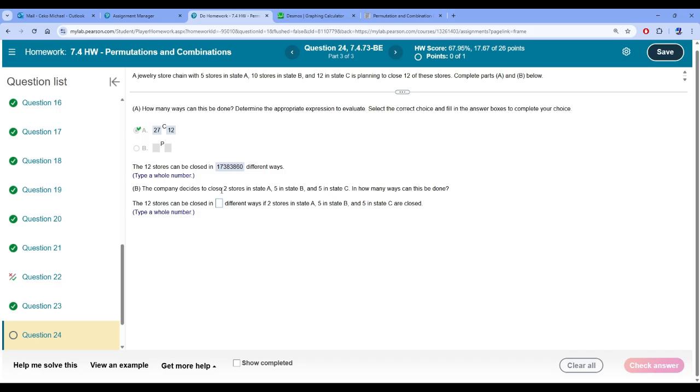The company decides to close 2 stores in state A, 5 in state B, and 5 in state C. How many ways can this be done? So I have to just multiply.